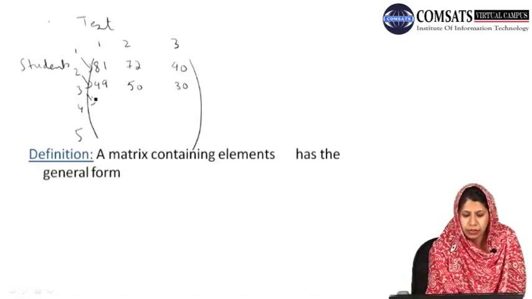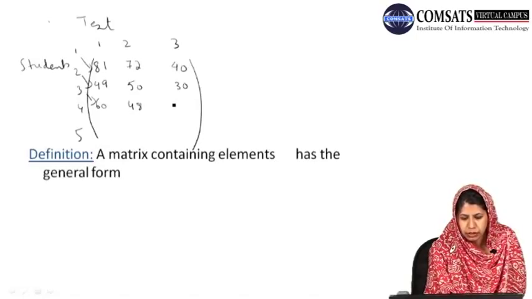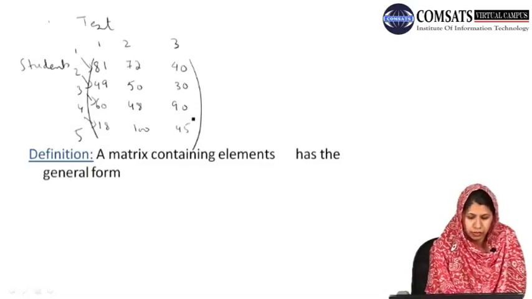Now student 3 has obtained 60 marks in test 1, 48 marks in test 2 and 90 marks in test 3. Student 4 has obtained 18 marks in test 1, 100 marks in test 2 and 45 marks in test 3.